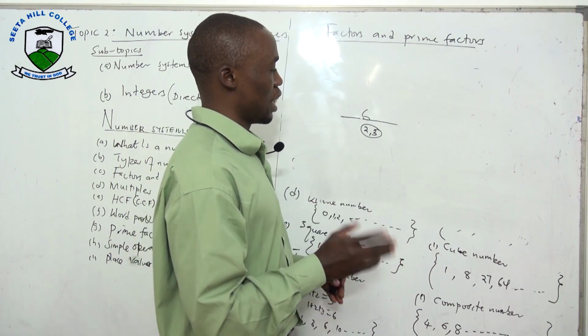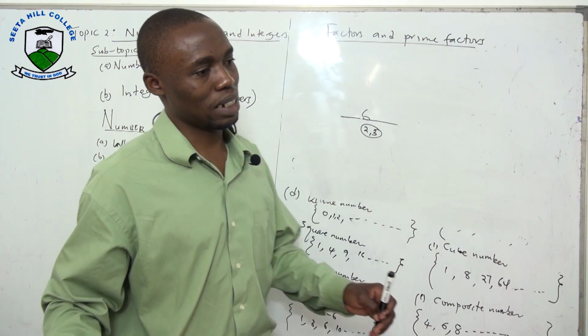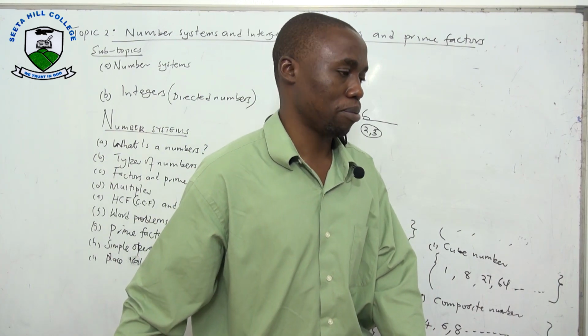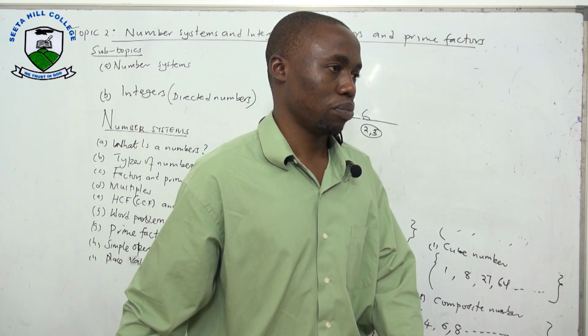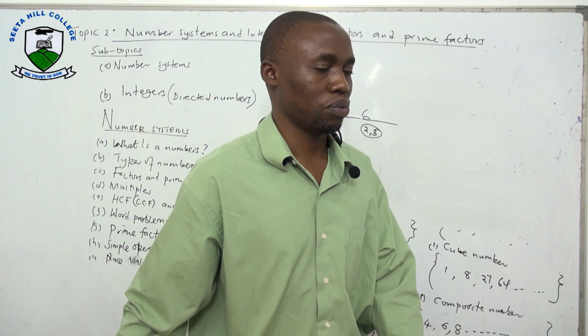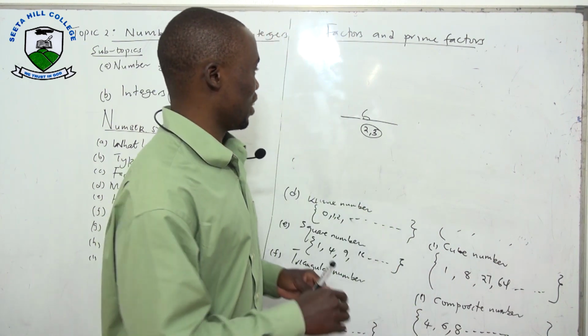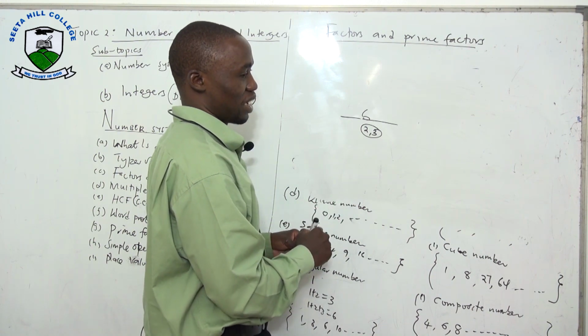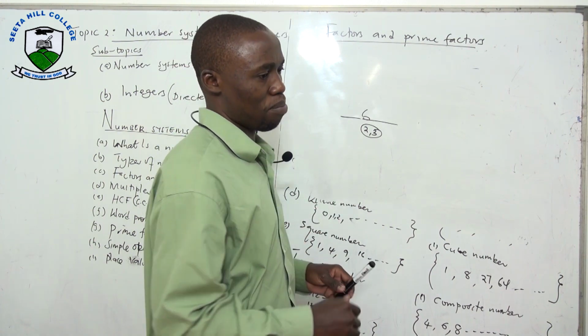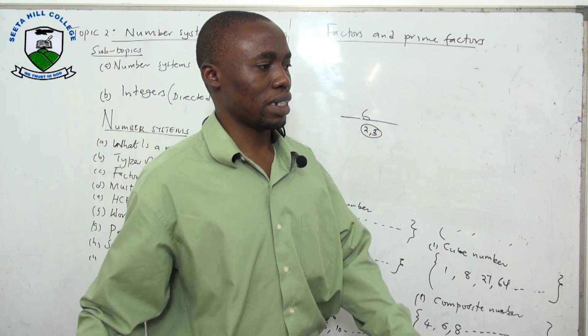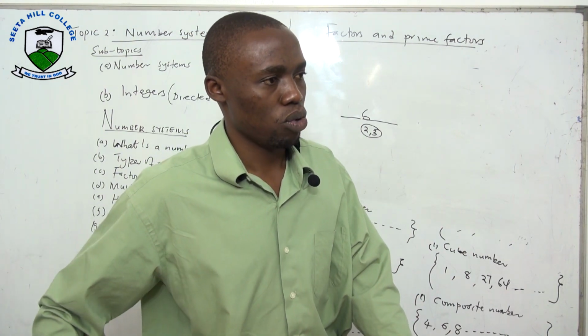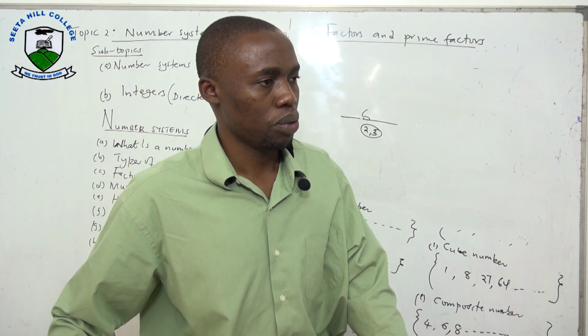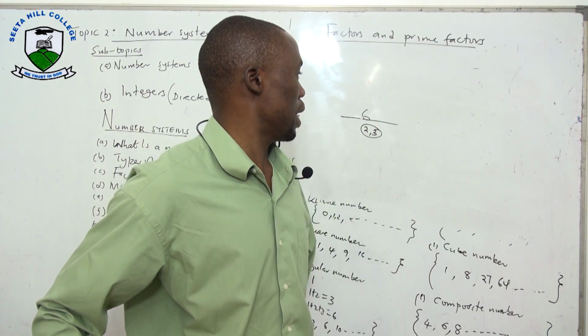To be a factor is to be exactly divisible by a number. That means 2 is a factor of 6. A factor is a number which is exactly divisible by another number.